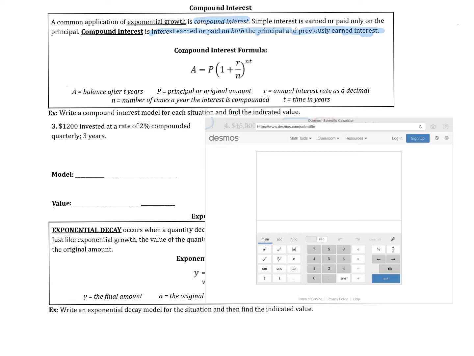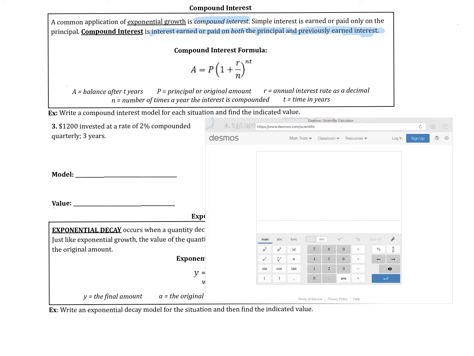It doesn't look like it, I know, but if this was a Y, and this was an A, we still have something that looks like 1 plus R, we still have something to the power of T. The big difference here is a slight change in variables, but also this N situation. That's definitely the thing that looks the most different, is what in the world is going on with these N's.